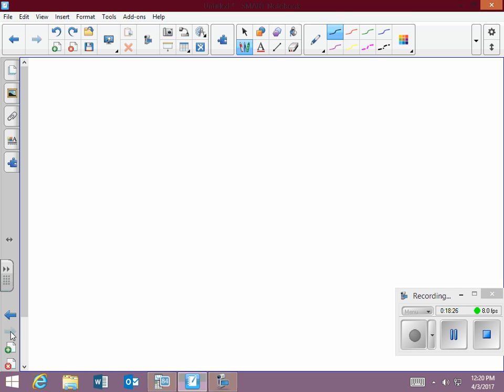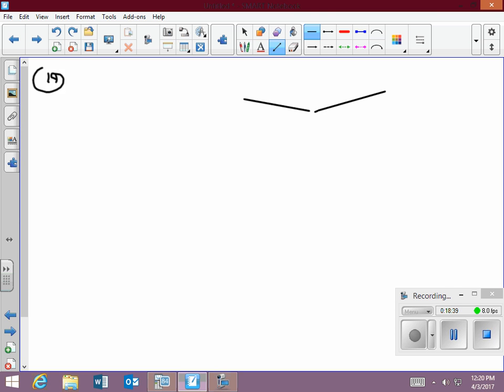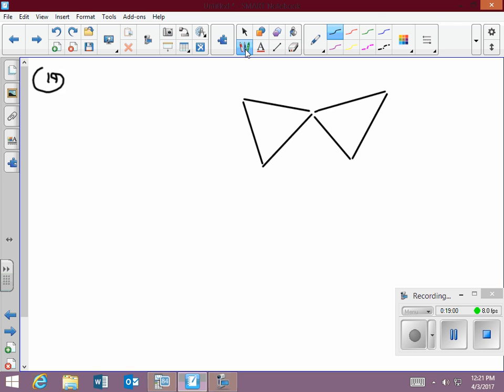Okay, 14. They're saying this side is congruent to this side.